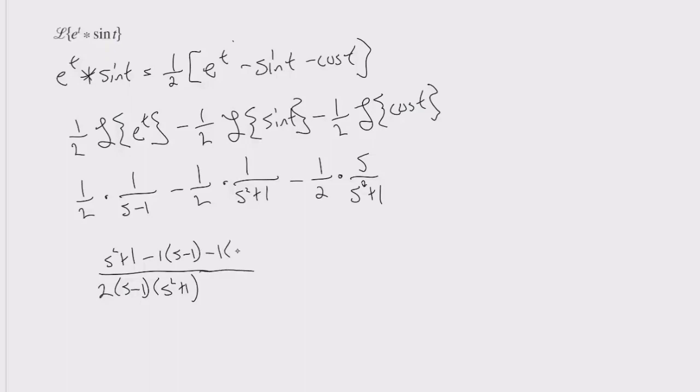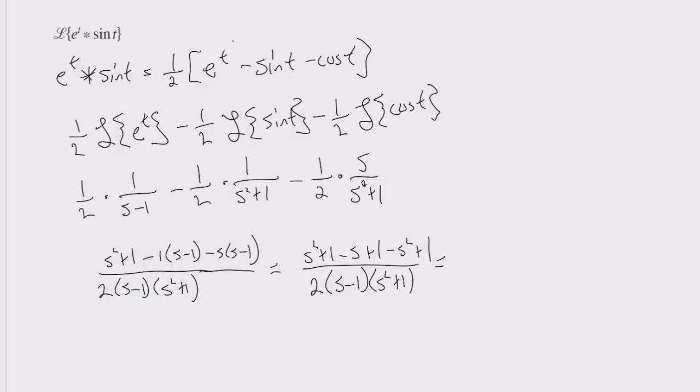Oh, I'm sorry, minus s times s minus 1. And then I just want to go through and make the numerator nice and pretty. So s squared plus 1 minus s plus 1 minus s squared plus 1.